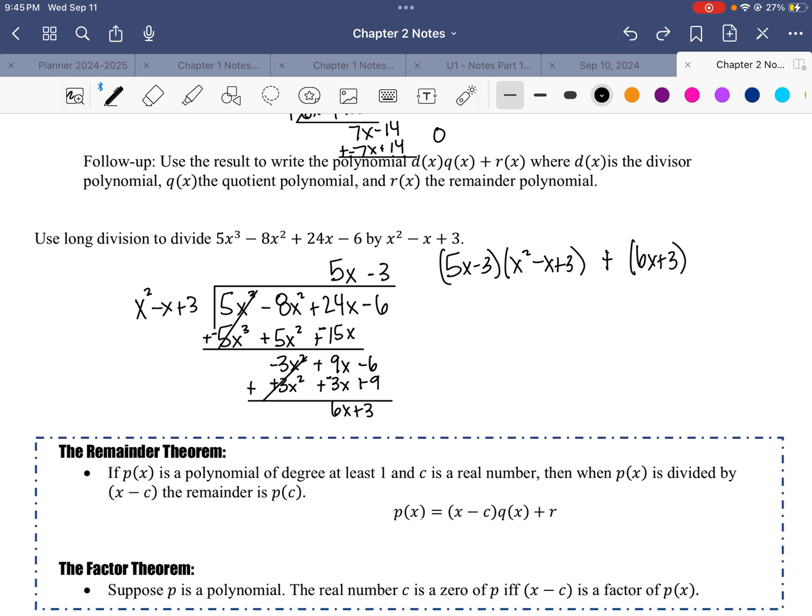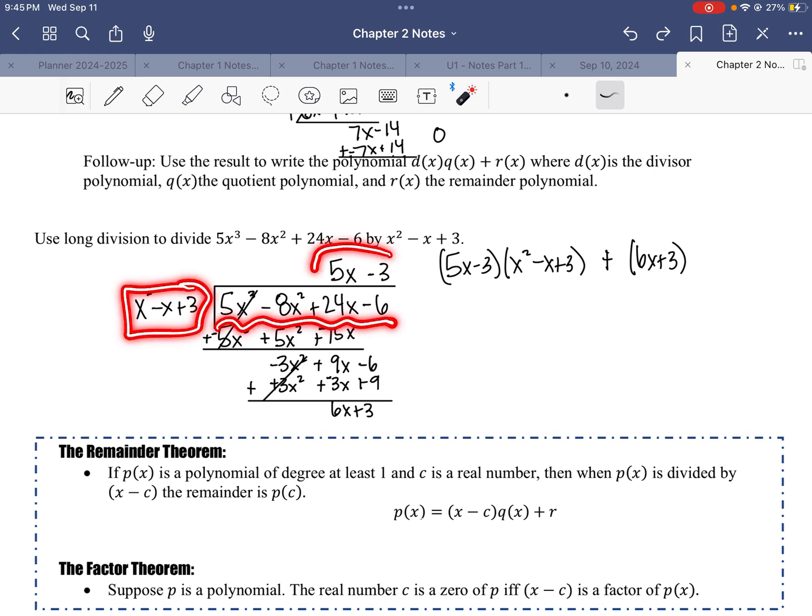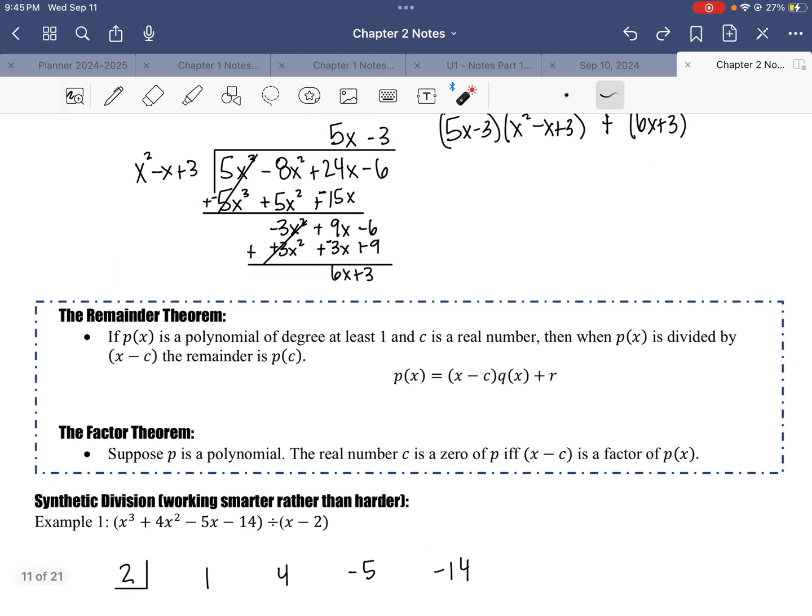So if you guys remember, this is your divisor, this is your dividend, this is your quotient, this is your remainder. Okay. All right, and again, it just says if you have a 0, essentially, multiplied by whatever your quotient was, plus the remainder, you're going to get your original polynomial.